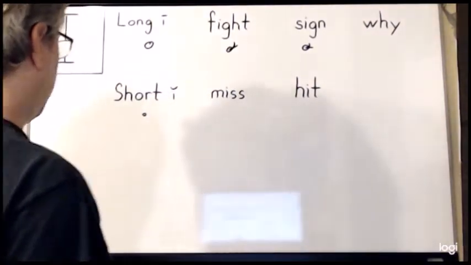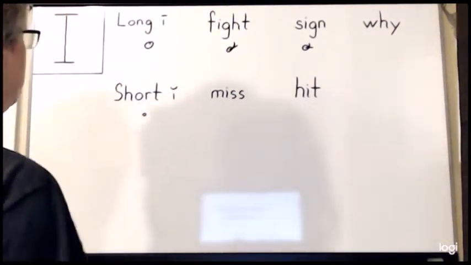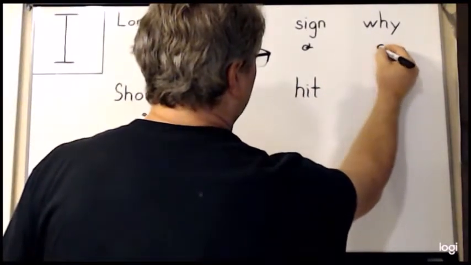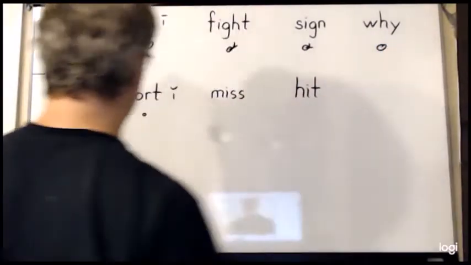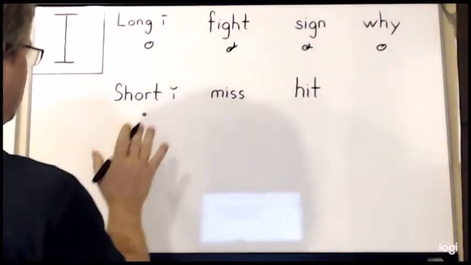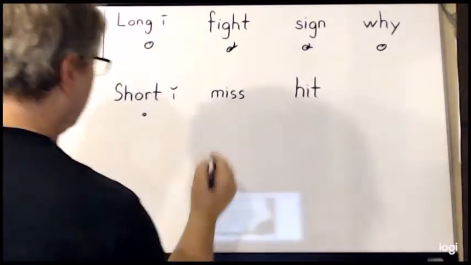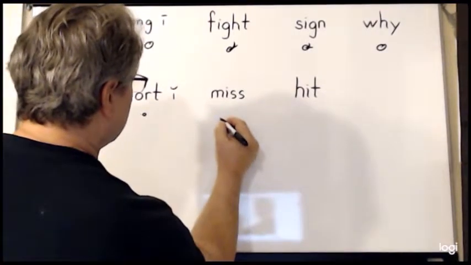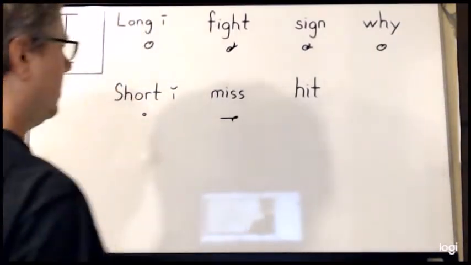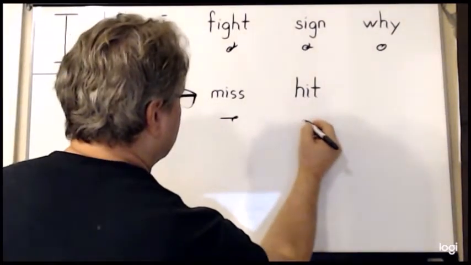The word Y is a short form, and we just use the long I for that. For the words hit and miss being a short I, we use the small circle. So miss is M-I-S, and hit is H-I-T.